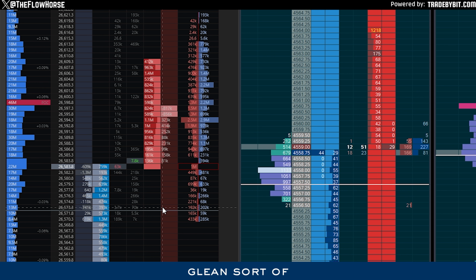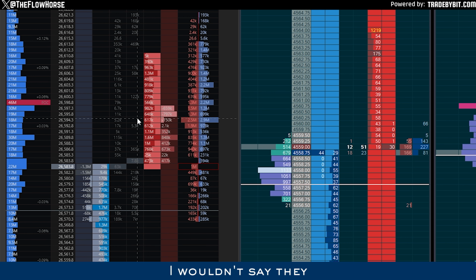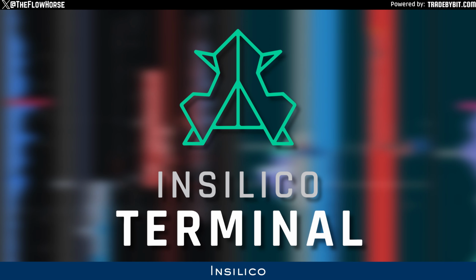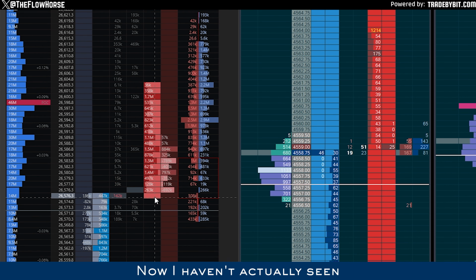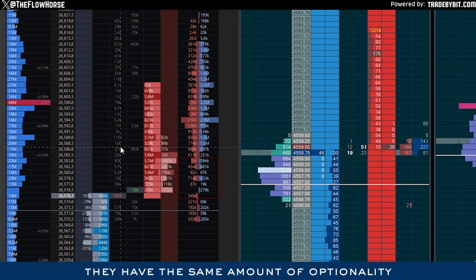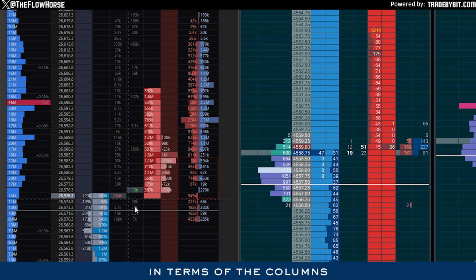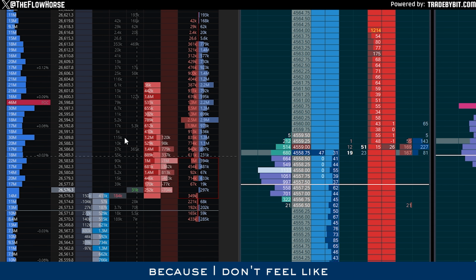To, again, glean sort of the more nuanced insights that I was just talking about. There's a platform called In Silico Terminal, part of Exocharts, that you can actually trade off of. Now, I haven't actually seen whether or not they have the same amount of optionality in terms of the columns you're going to get, so we'll just stick with this one for now because I don't feel like logging in during this video.